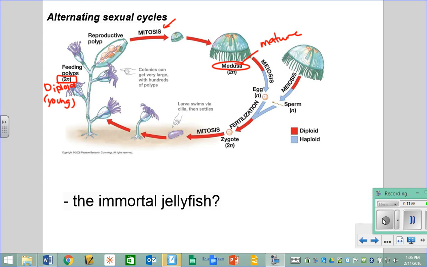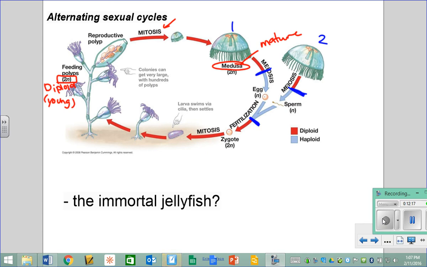A medusa could undergo meiosis. So we have medusa 1 and medusa 2. One of them is making an egg and one of them is making a sperm. Those 2 will join together at fertilization and become a zygote.